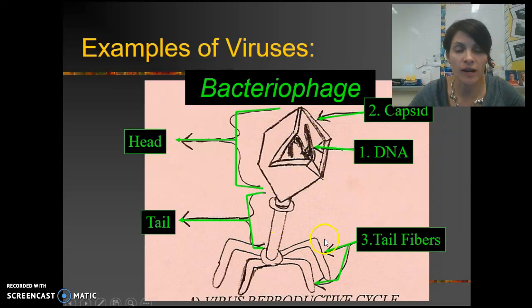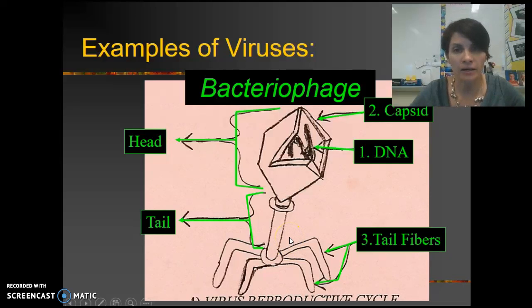Finally, our tail fibers, and that is what the bacteriophage, this virus, uses to attach to the bacteria cell. That's how it knows it has the right host. So if this bacteriophage came in contact with you, it wouldn't do anything to your cells, because these tail fibers don't match up to our cells.